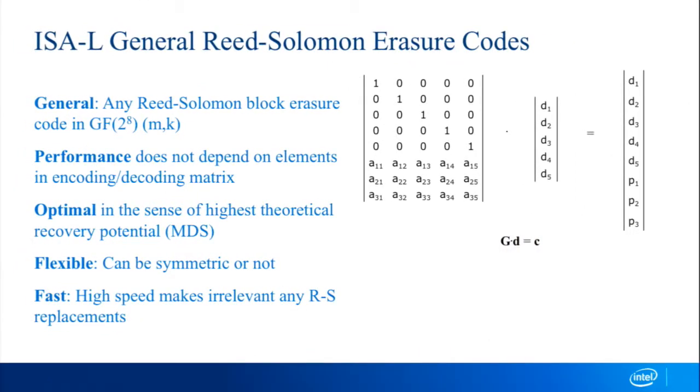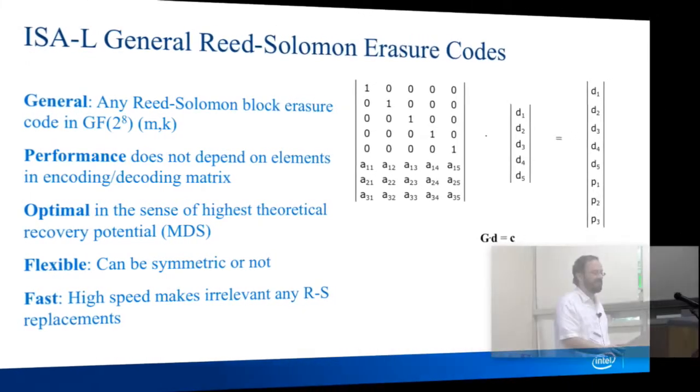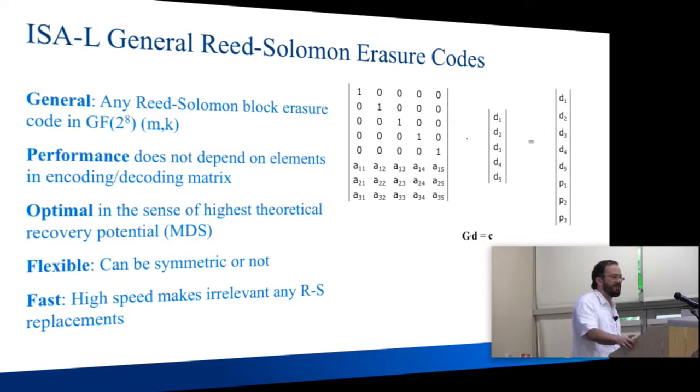Also, as we implemented the erasure codes, we can do any general Reed-Solomon erasure code. That means you can pick any encoding matrix you want, and the performance doesn't depend on the coefficients of the matrix you pick. So that keeps them very flexible, and there are millions of ways you can do Reed-Solomon erasure codes.